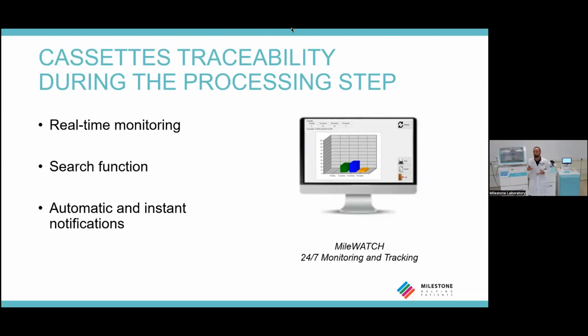Also, it's possible to search for a specific cassette by looking for its case number. And in the end, Milewatch enables detecting bottlenecks and maximizing the efficiency of tissue processing, thus improving productivity in the laboratory and ensuring patient safety.